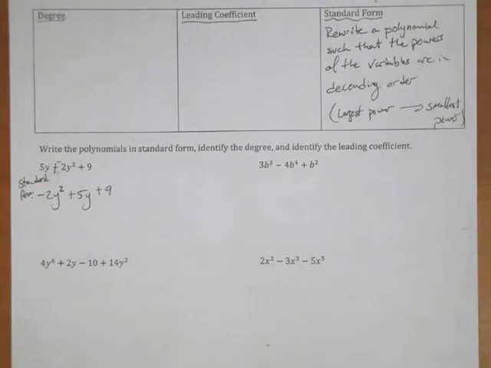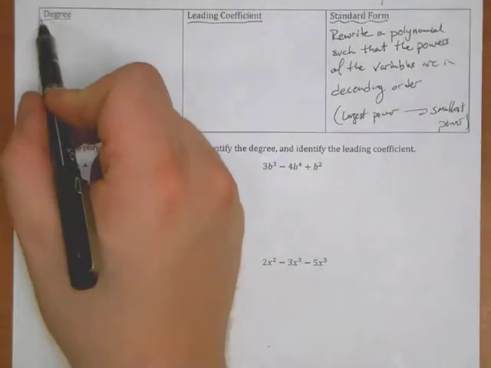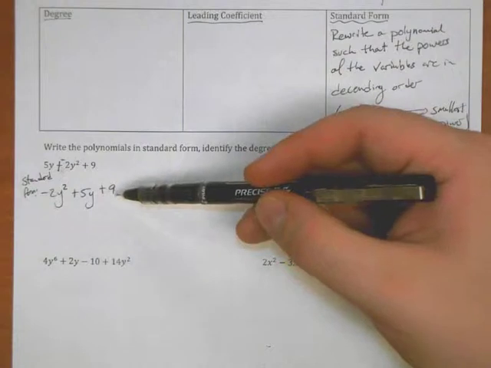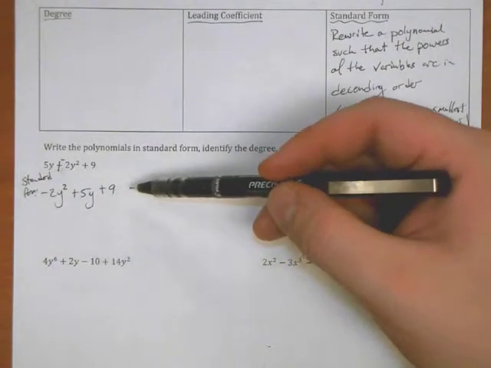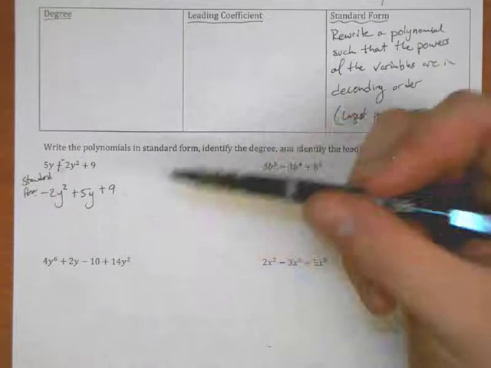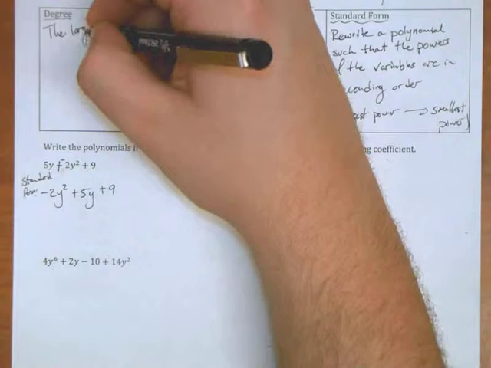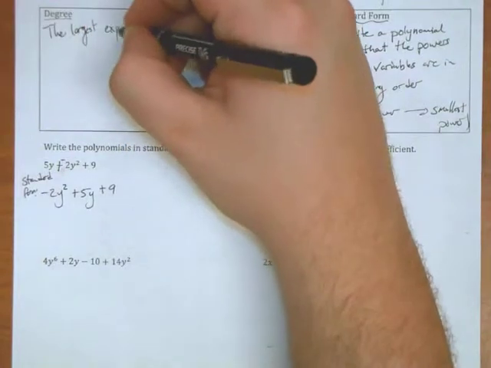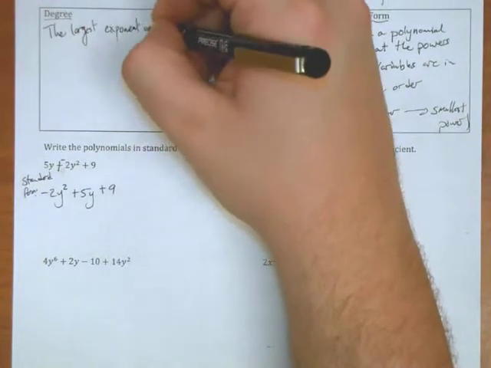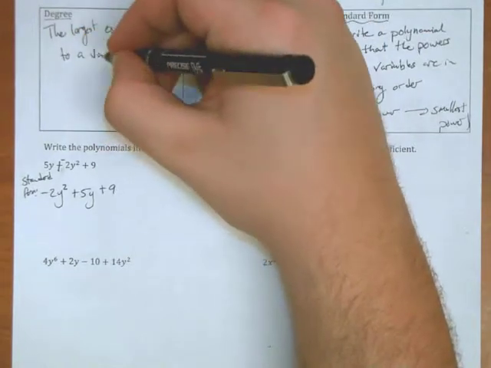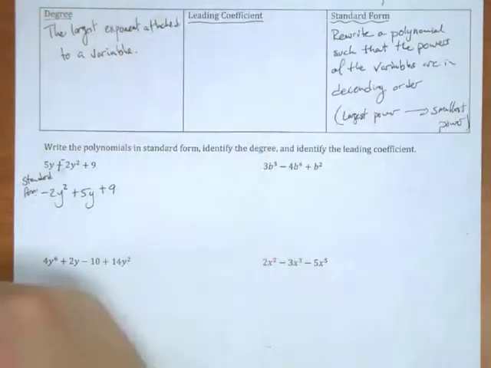What's nice about writing in standard form is that finding the degree and the leading coefficient of these polynomials is very easy. The degree of a polynomial, for our case when we have one variable, is the largest exponent attached to a variable.